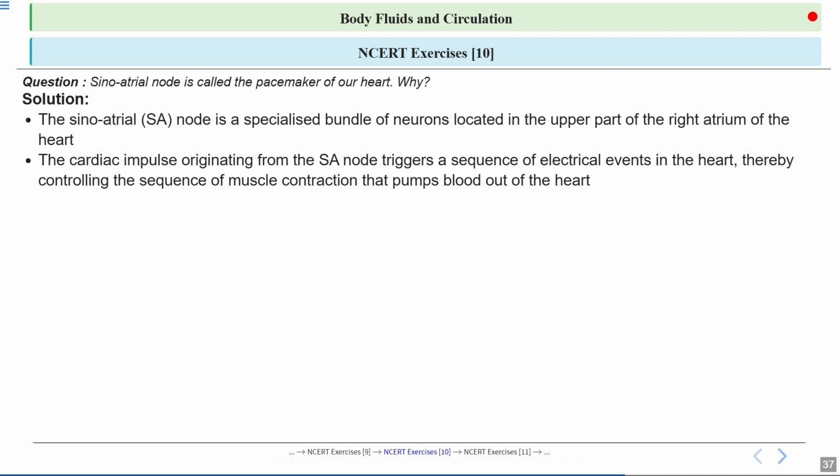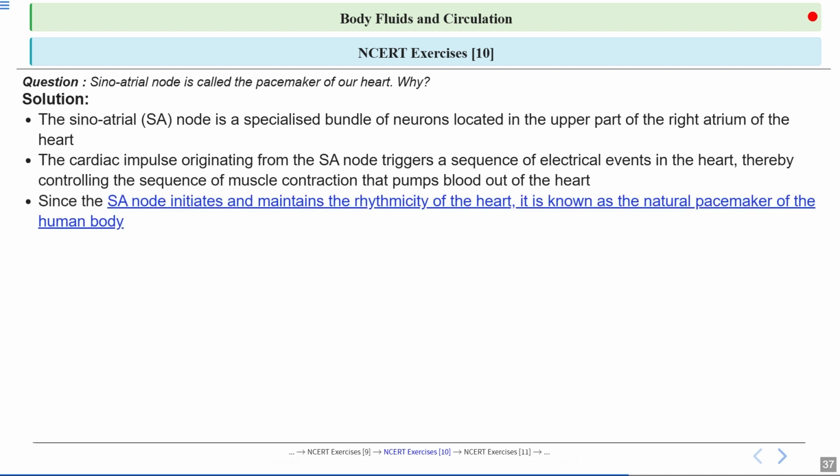This impulse tells the heart muscles when to contract, ensuring that blood is pumped out of the heart in a coordinated way. Finally, since the SA node both initiates and maintains the regular rhythm of the heart, it is known as the natural pacemaker of the body. Now, without this rhythmic signal, our heartbeat would be irregular or might even stop. So, the SA node is truly essential for life.